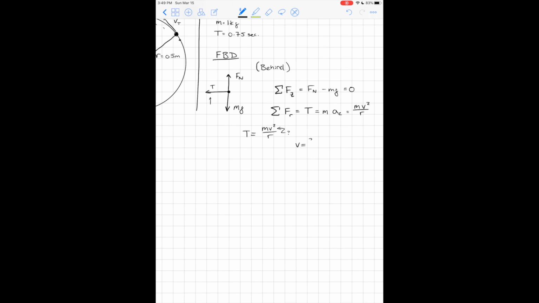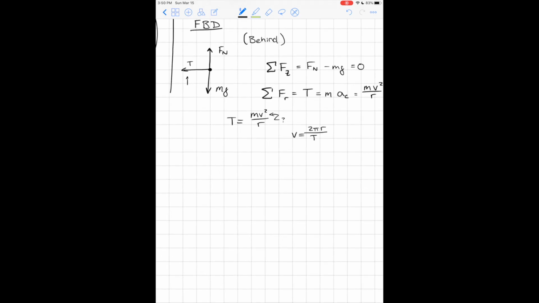We have v equals 2 pi r over the period. So if I substitute 2 pi r over T in for v, now this gets tricky. This is tension, by the by. This is period.